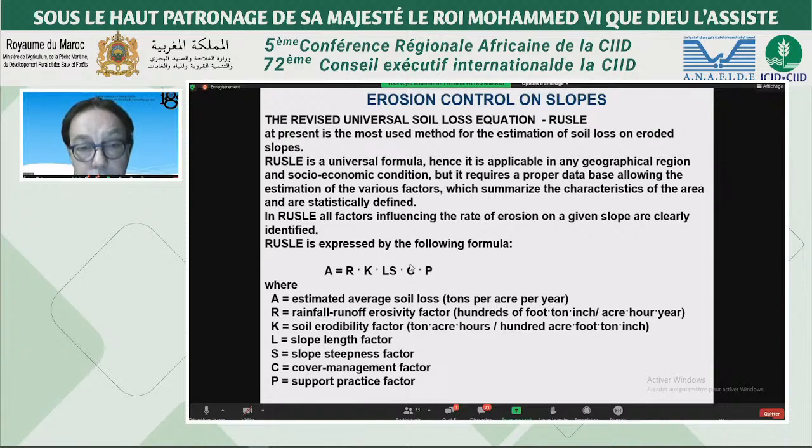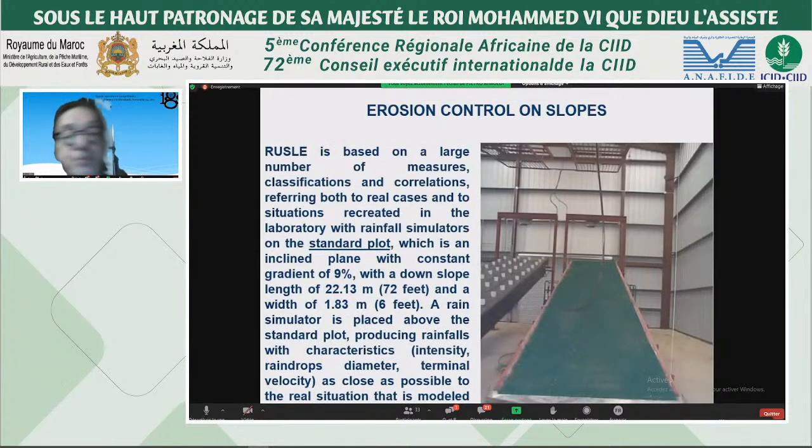Vous voyez l'impact sur le C, qui est le facteur de couverture, qui peut être réduit de 1000%. L'équation est basée sur un nombre de mesures de classification de corrélation, réfère au cas réel de situations recréées au laboratoire avec des simulateurs de ruissellement sur un plot standard.